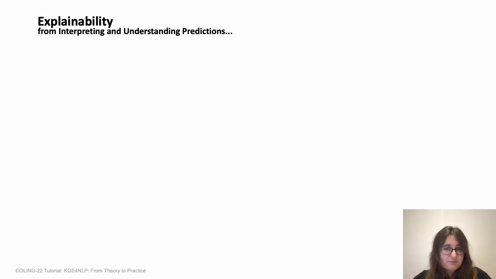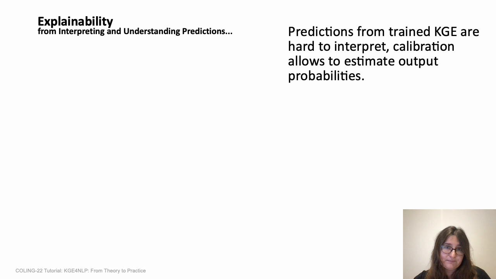Another important subject which has grown in popularity in recent years in machine learning and deep learning is explainability. But before we jump straight into explainability for knowledge graph embeddings, let's look a little bit at interpreting and understanding predictions.